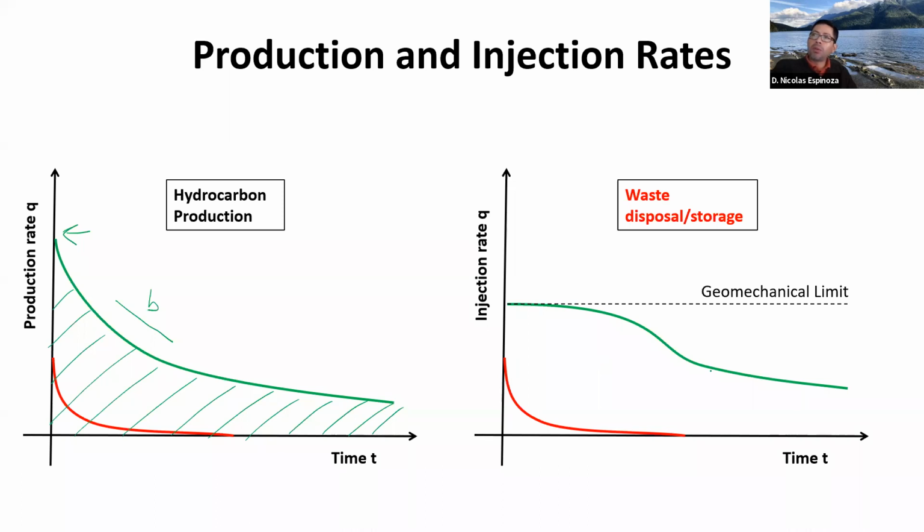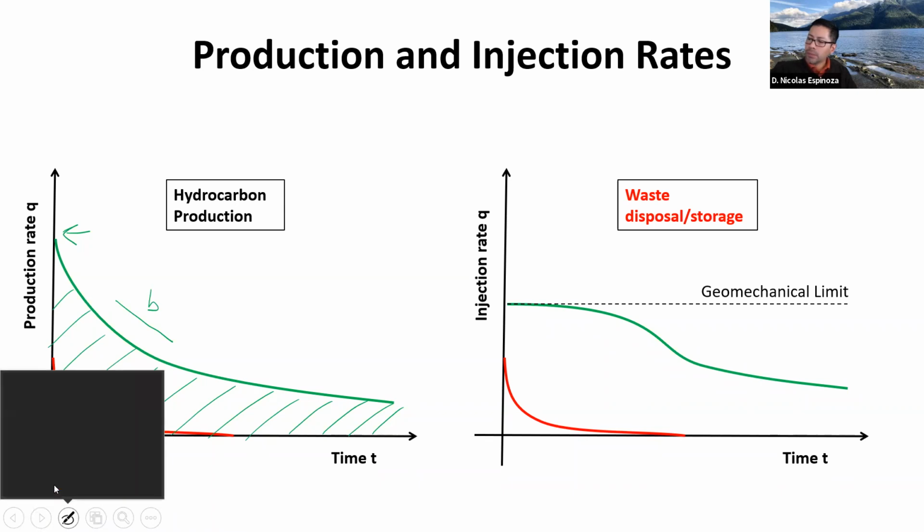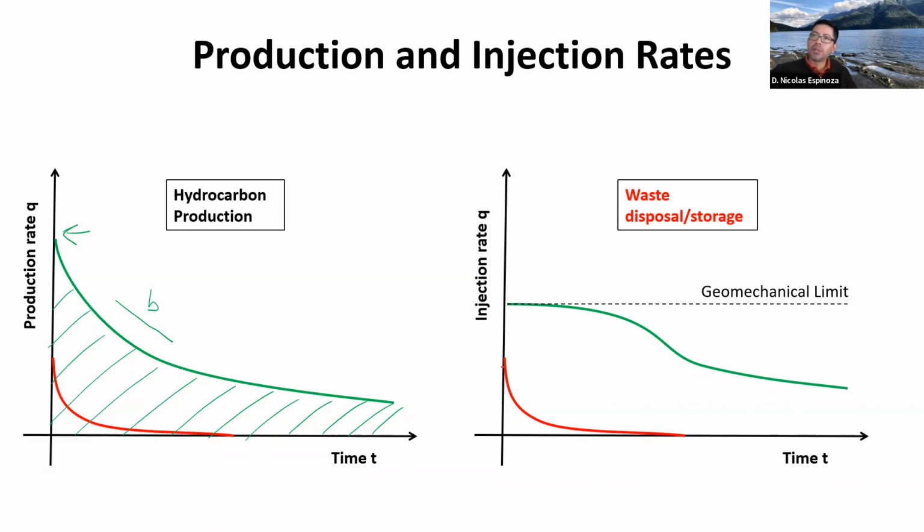And we want to keep that rate more or less constant, or if it decreases, it doesn't decrease too much. So if you were to go to a place in which you start with a very small injection rate, but all of a sudden you cannot inject anymore, then the amount of injected CO2 is not going to be a lot.